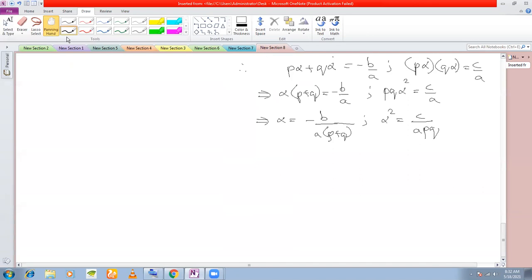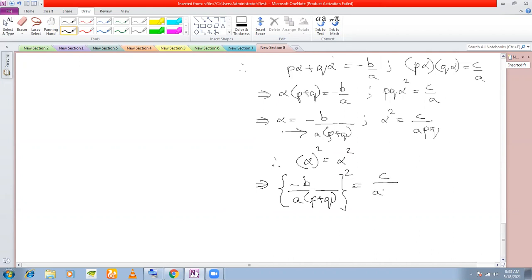So what do you have? If you square alpha, you must get alpha square. So what is alpha here? Alpha here is minus b by a times p plus q. So the square is equal to c by apq.